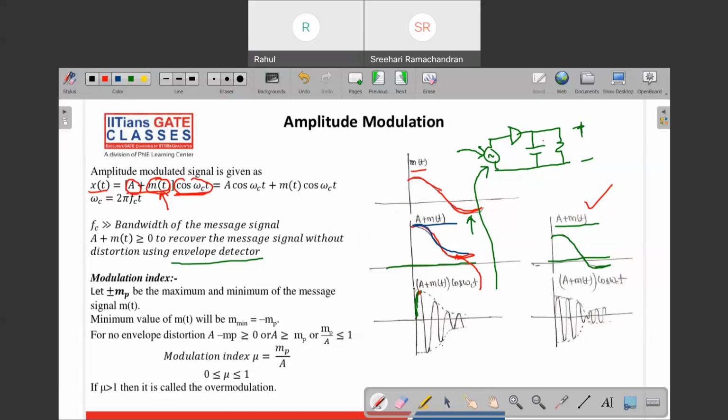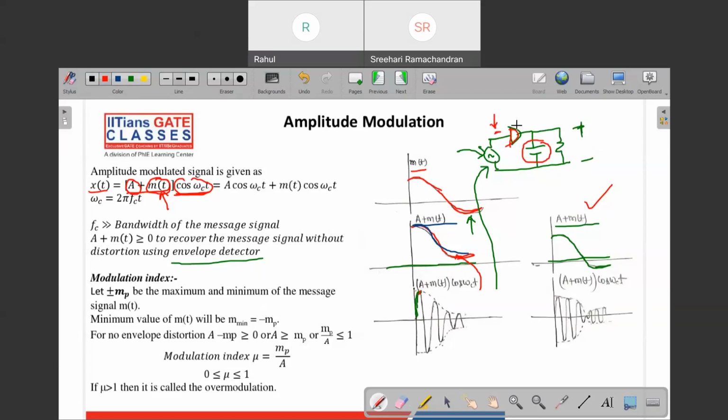But this capacitor is not going to lose its charge very quickly, because a capacitor is known to not change its voltage very quickly. This capacitor value is generally pretty high, and that's why the voltage across it is not going to change very quickly. So for this diode, the negative side is going down rapidly because the input is going down rapidly, but the positive side doesn't change much.